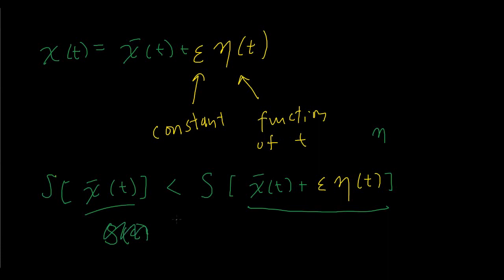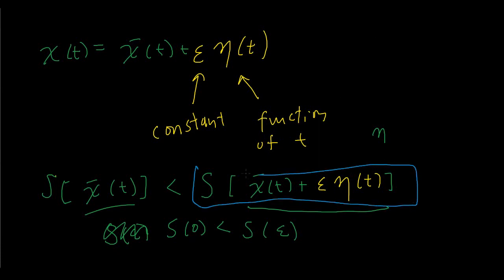Where we have just written above that if epsilon is 0, you always have less than if epsilon is non-zero. Well, this is like mixing up notation a bit. But the point here is that we can think of this whole thing as just a function of epsilon, as long as we fix eta beforehand.